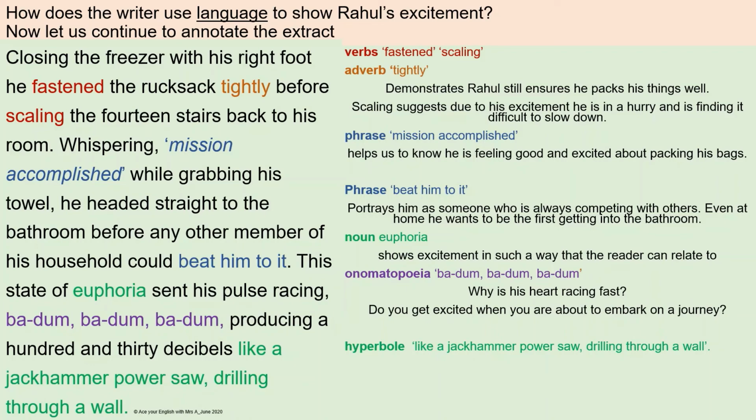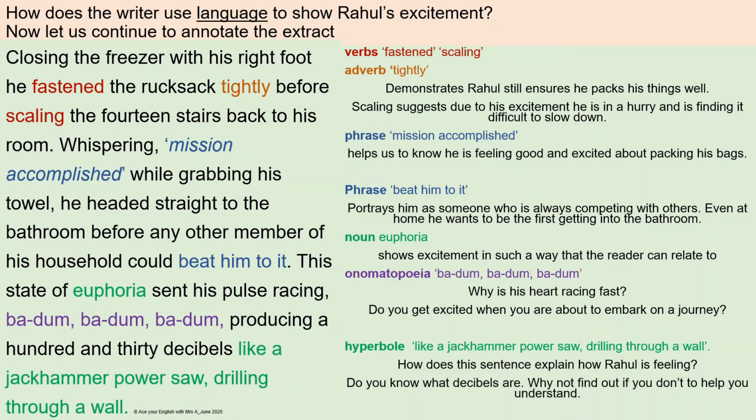I know you probably have found a simile there, which is quite right, but I just focus on that part because I thought that's also interesting. So how does this sentence explain how Rahul is feeling? These questions will help you to respond to the question when you're writing the answers. That's why I'm doing it like that. And do you know what decibels are? Why not find out if you don't, to help you understand?